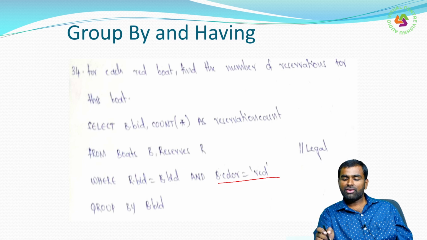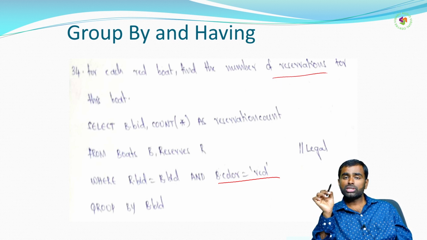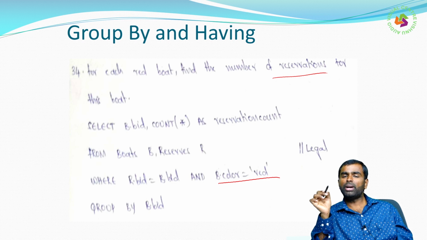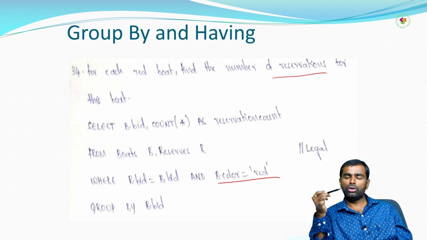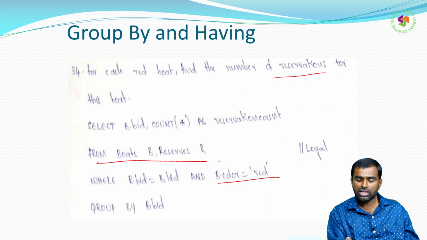To find the reservations, the reserves table is needed. The reserves table consists of SID, BID, day: which sailor reserved which boat on some particular date. That data can be obtained from the reserves table. That's why you need the boats and reserves tables.